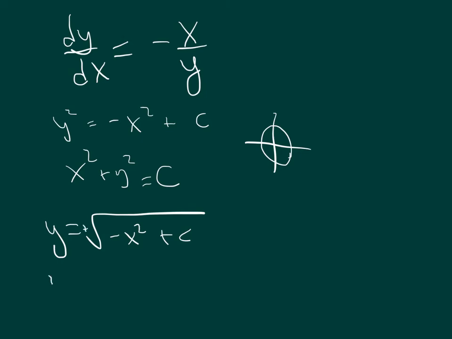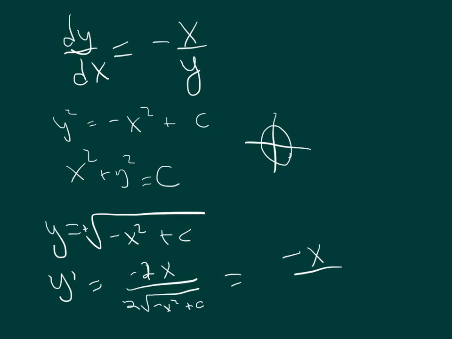If I take the derivative of this, I get y prime equals 1 over 2 square root of negative x squared plus c, times, by the chain rule, negative 2x. If I simplify this, the 2's cancel out, and I'm going to have negative x over the square root of negative x squared plus c.